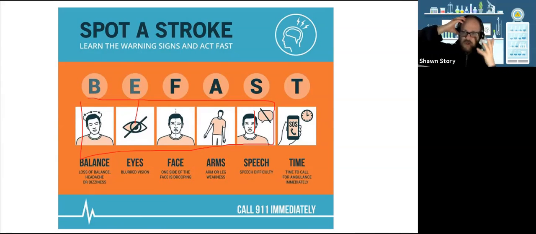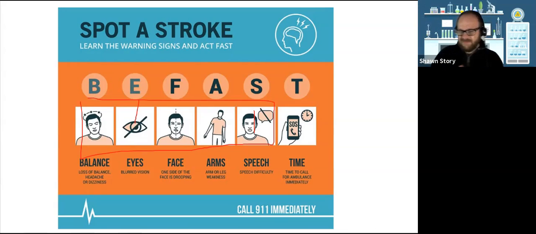So if we lose all this sensation on the left side of our body, that means the clot is happening on the right side of the brain. So medical people are aware of that if they're seeing droopiness, like the eye, all this mobility on the left side, the clot has to be on the right side. So when they do the MRI and the CAT scan, they're really going to be focusing on that side, because they know it has to be somewhere on the opposite side of the body, because that's the way our brain works.